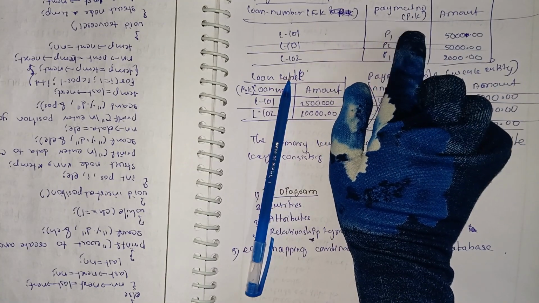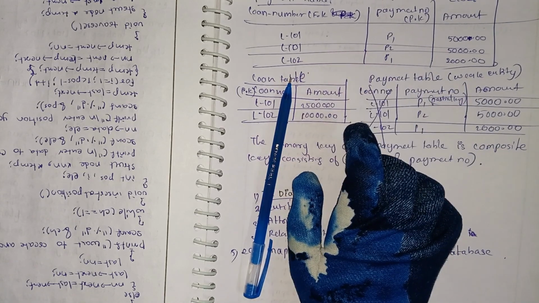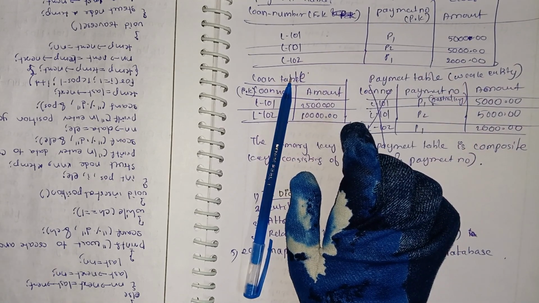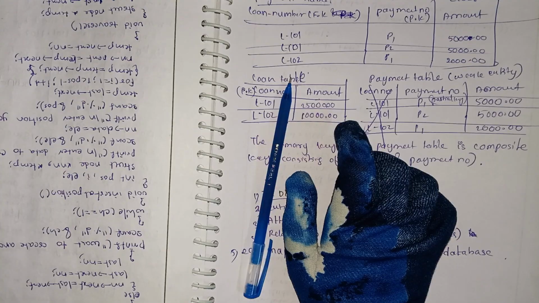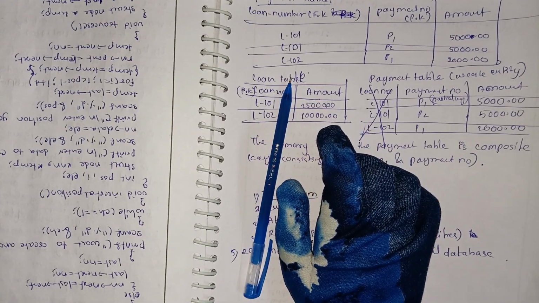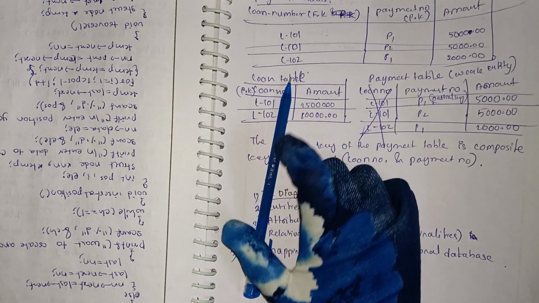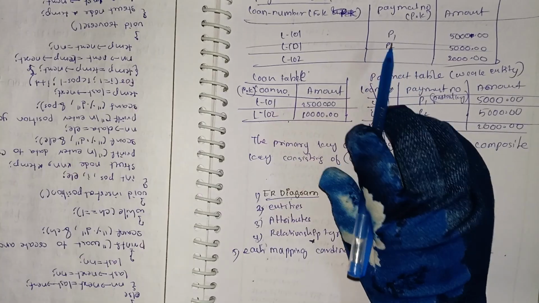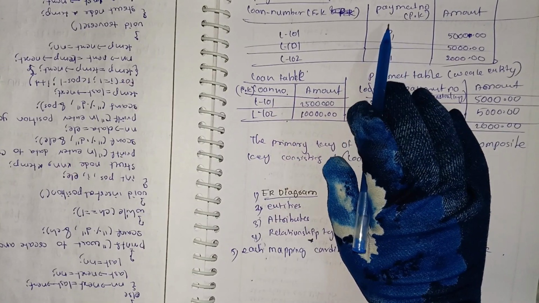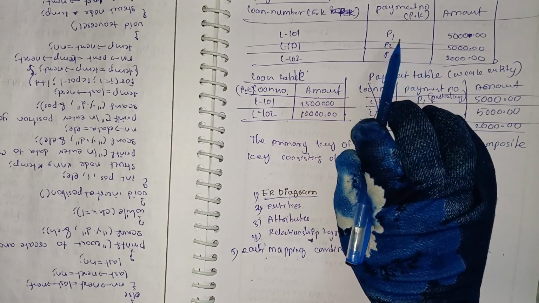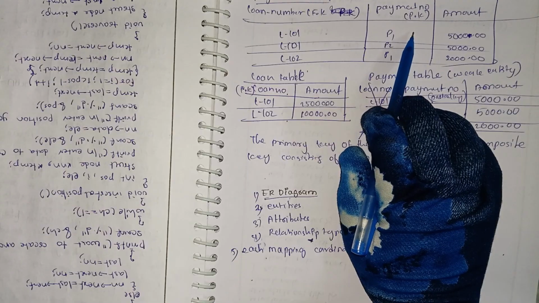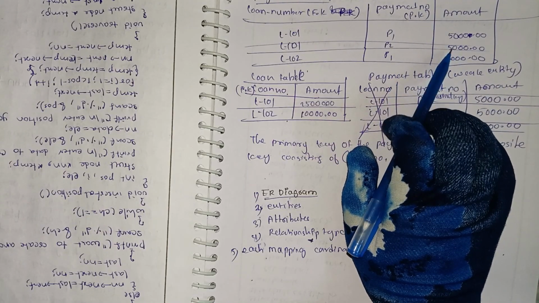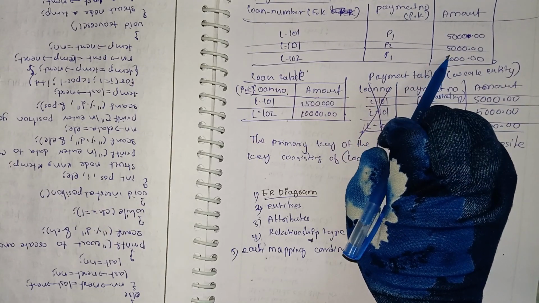So there are P1 and P2, for day 3 P3, and for day 4 P4, like that. For day 1 P1, day 2 P2, like that. For every day the payment number changes, but the amount is the same. We have to pay a fixed amount.